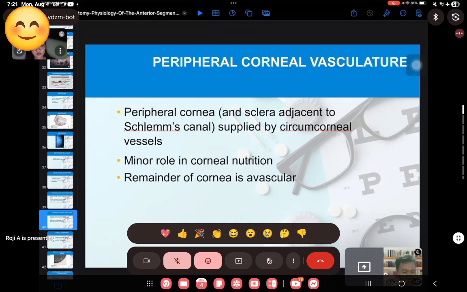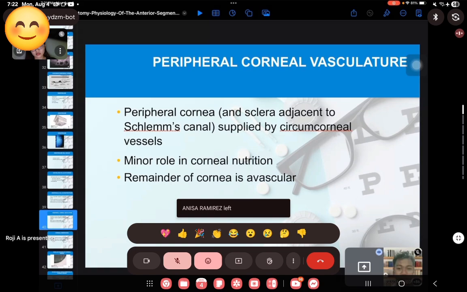But remember, the cornea is devoid of blood vessels, right? What happens if your cornea has blood vessels, in the form of neovascularization? Because your cornea should always be transparent.